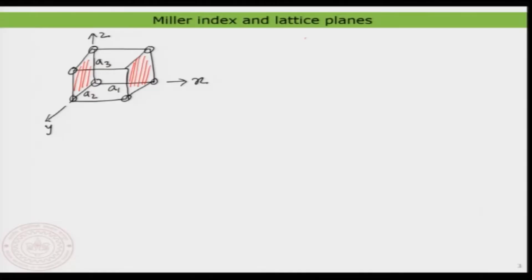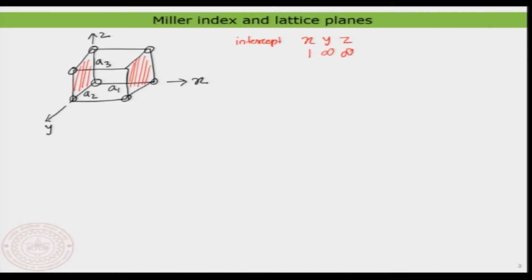So, now along the x direction, this particular plane has one intercept within the unit cell, and along the y you can see that this plane is parallel to the y axis. Therefore, this plane is never going to intersect A2. So, therefore, your intercept is infinity along the y direction and the same also along the z direction.